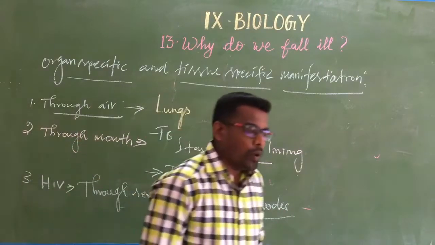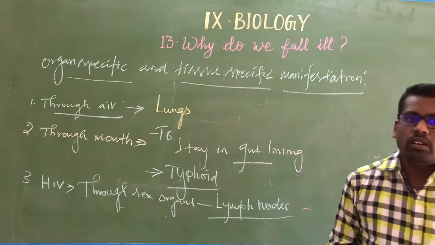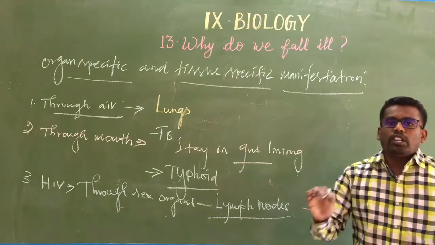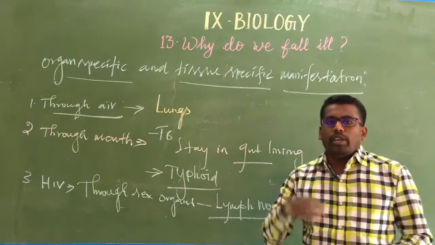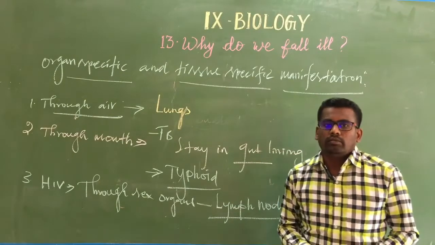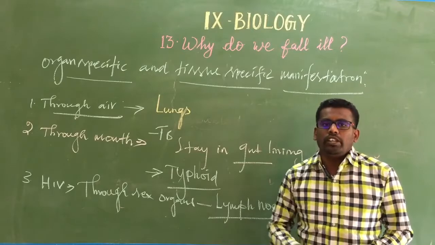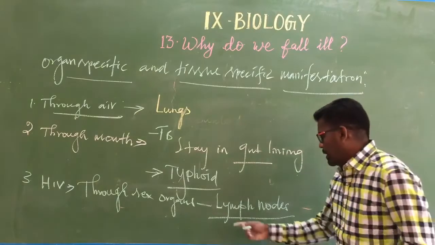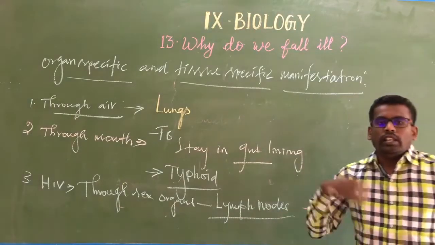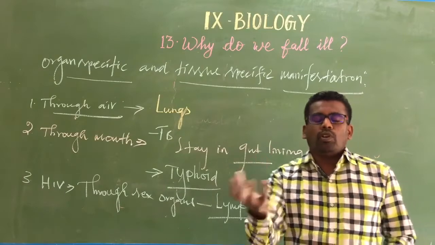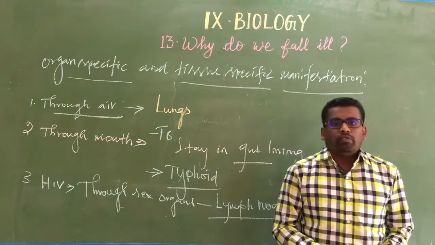What is a lymph node? A lymph node is an immune responding gland, a gland that gives immune power. Immune stimulating or immune responding gland, it is called a lymph gland. Because of this lymph gland, the lymph node, we get immunity power.